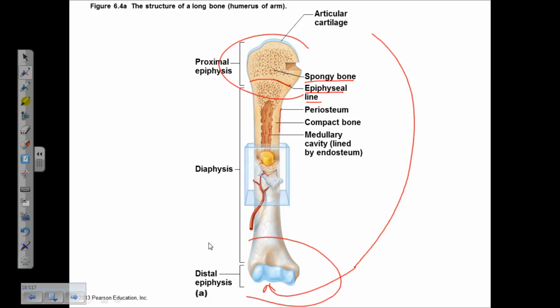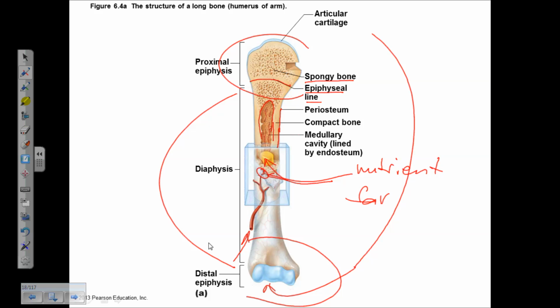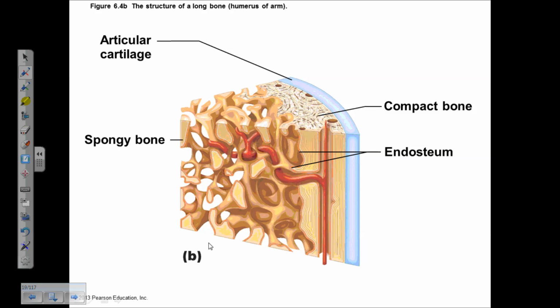You can see the spongy bone, the epiphyseal line, the periosteum, a connective tissue membrane that covers the outer surface of the bone, the compact bone layer that pretty much forms the shaft, the diaphysis, the medullary cavity, which houses in adults yellow bone marrow, and the nutritional artery or nutrient artery that gets inside of the bone via the opening called nutrient foramen.